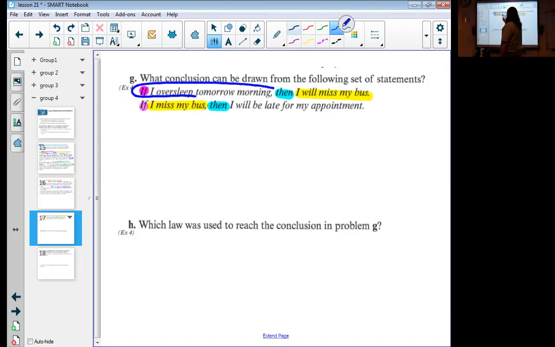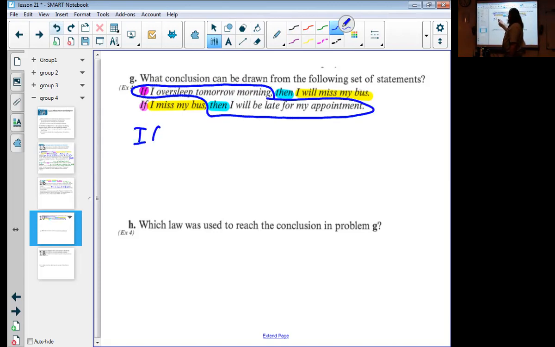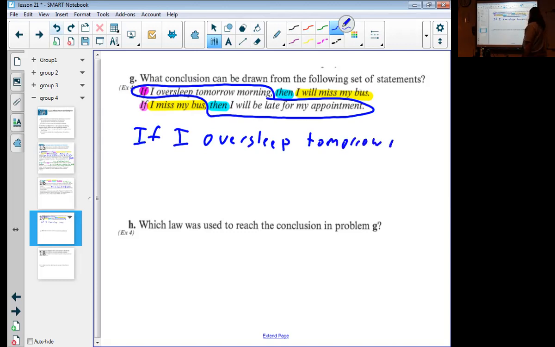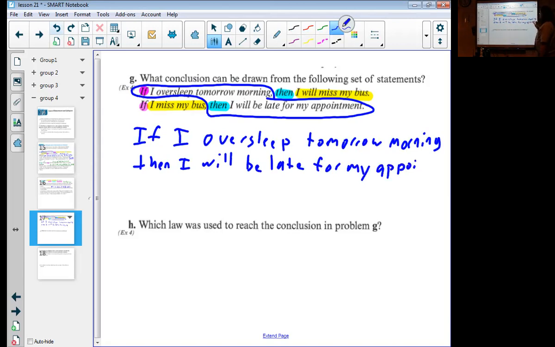And so our new statement is if I oversleep tomorrow morning, then I will be late for my appointment. Which law was used to reach the conclusion? This is syllogism.